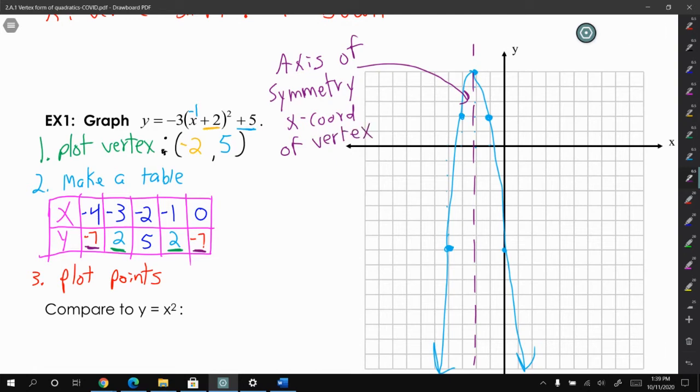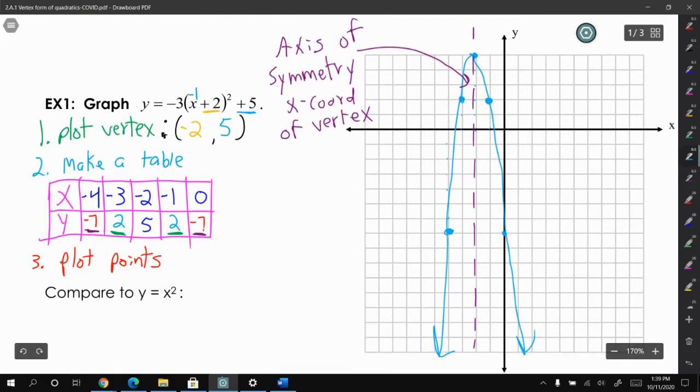This is where you would fold that parabola on top of itself. This is why we only plugged in -1 for x, and then we said, oh, because it's symmetrical, we know the y value when x is -3 as well.